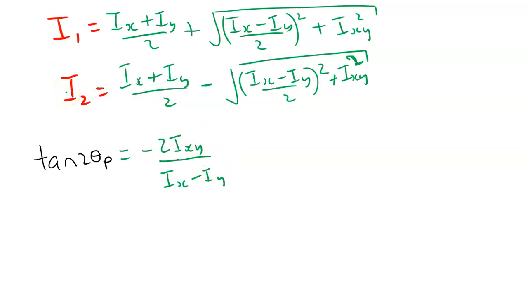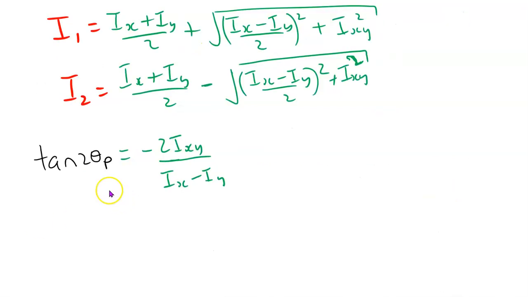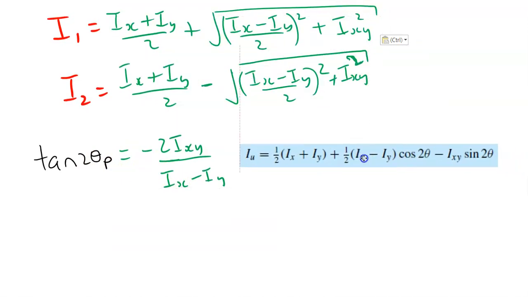Well, one of the simplest ways is to take one of the values you've gotten and substitute it back into this Iu equation. If you get Iu equal to I1, then that angle corresponds to I1. If you substitute the second angle and you get I2, then that angle corresponds there.